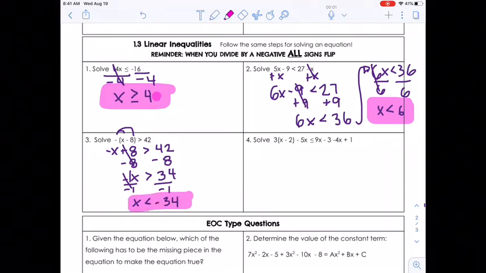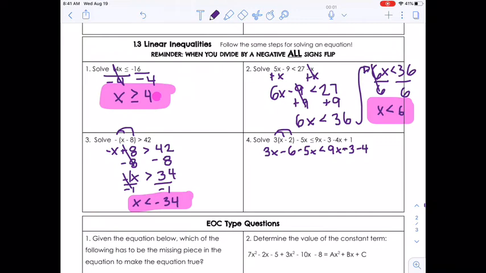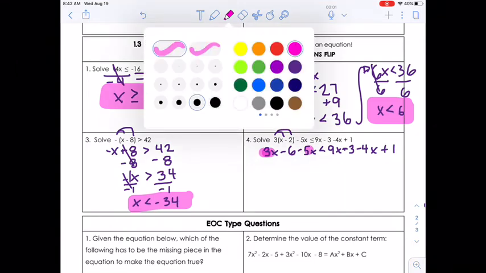All right, distribute. Then I'm going to combine my like terms on the same side first.